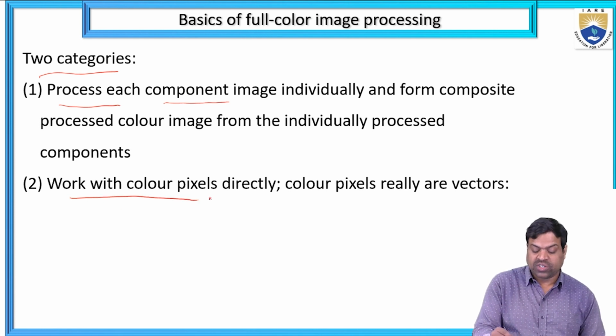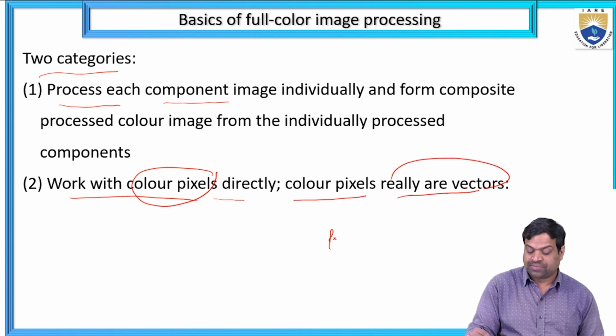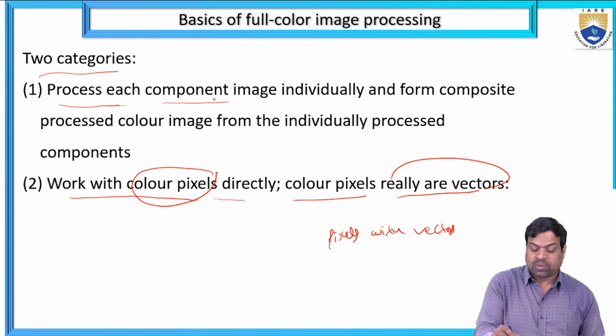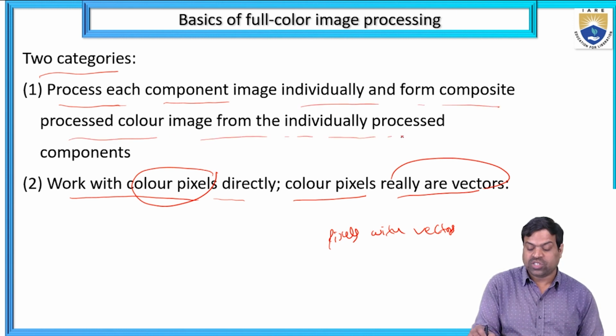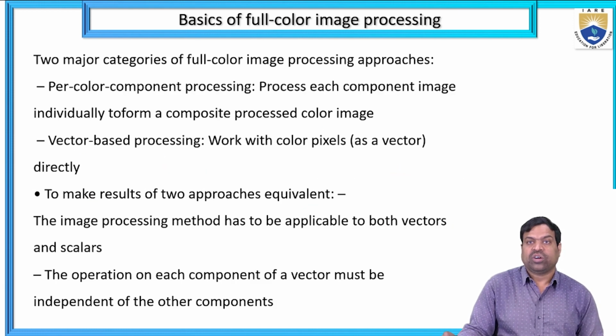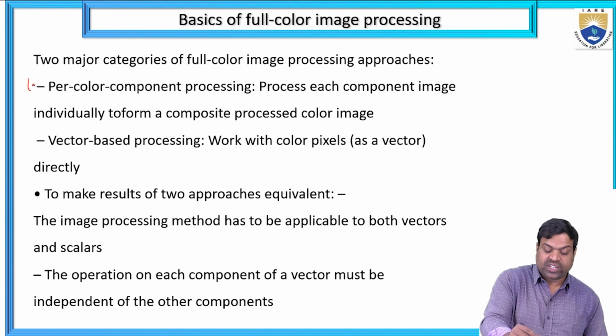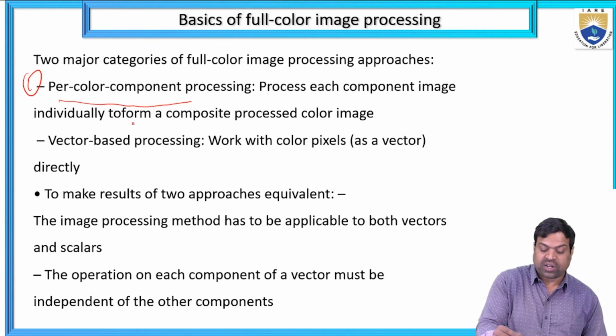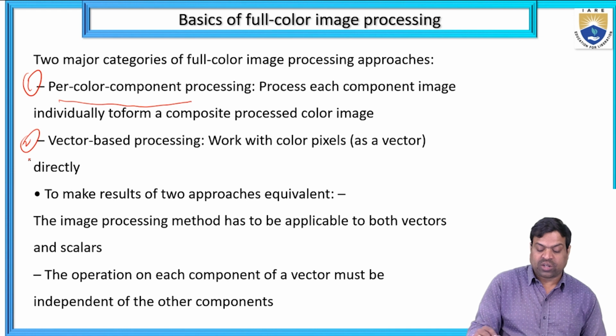So the two major categories of full color image processing approaches are per color component processing and vector based processing. The first one is per color component, the second one is vector based processing.